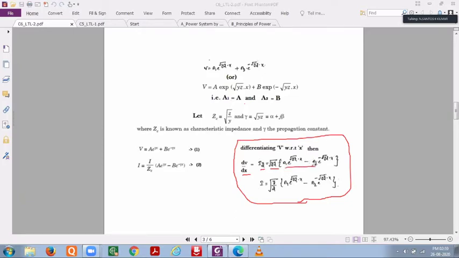From this, I can write I equal to under root Y by Z, brackets A1 e to the power root YZ into x minus A2 e power minus root YZ into x. This is a negative sign, right?